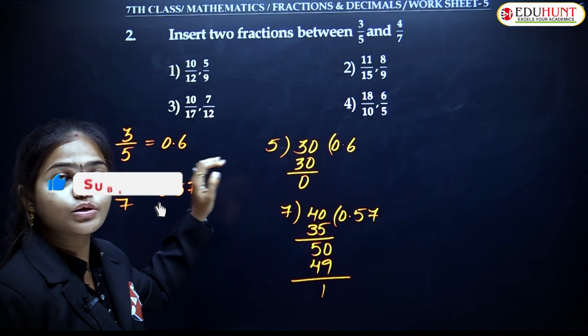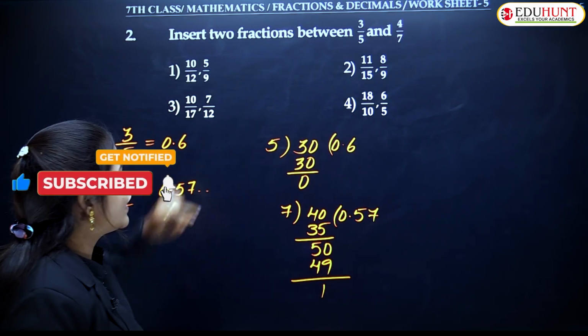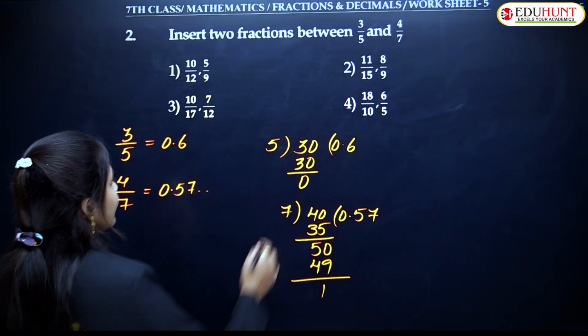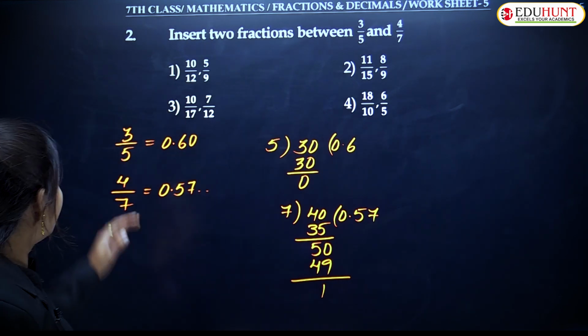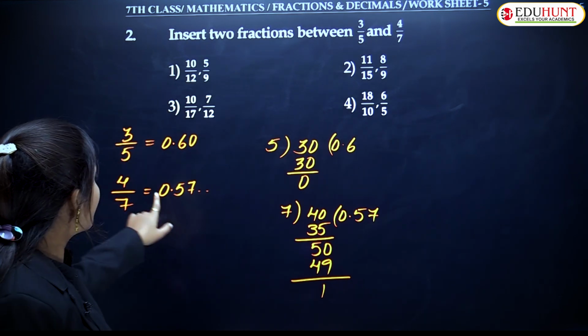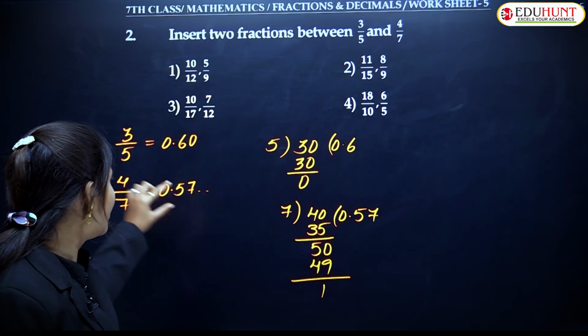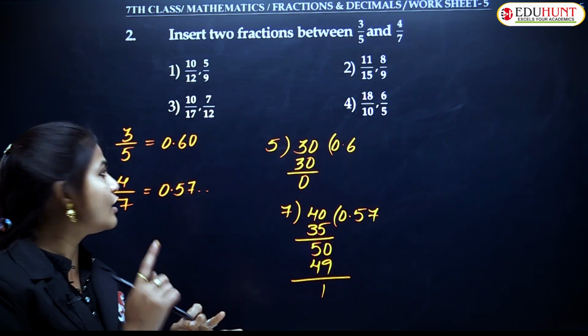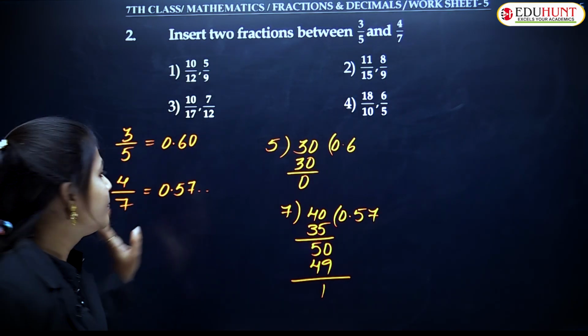The fractions must lie between 0.57 and 0.6. Since the remainder is 0, we can keep that as 0.60. So we need numbers between 0.57 and 0.60, which means 0.58, 0.59, 0.60.